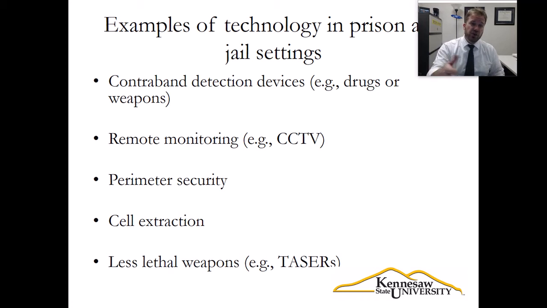And then, we already talked about CCTV, but this is actually a really big thing in prisons. In jails nowadays, they have cameras all over the place to be able to watch and see what people are doing and who is moving through different doors and things like that, as well as perimeter security.